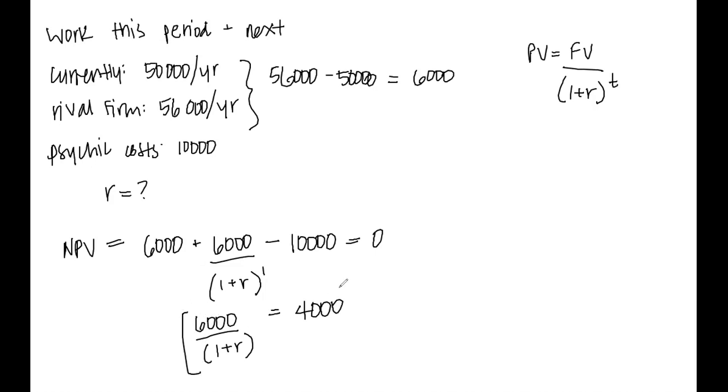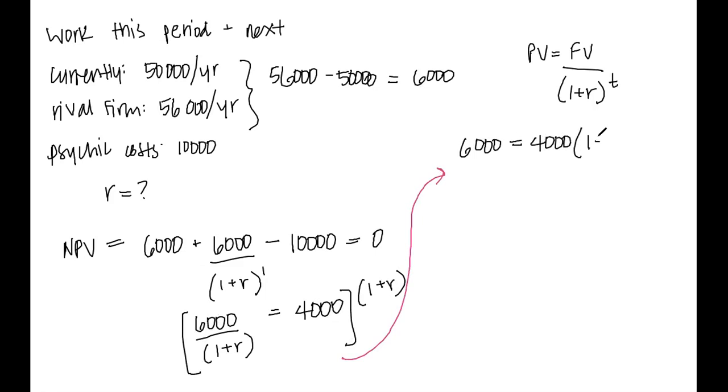So what we get is 6,000 equals 4,000 times 1 plus r. I'm going to simplify these numbers.